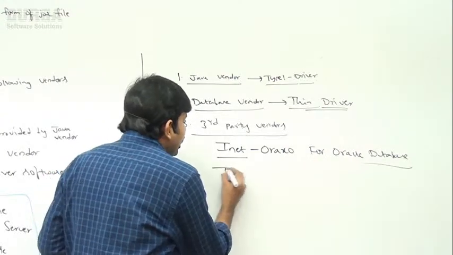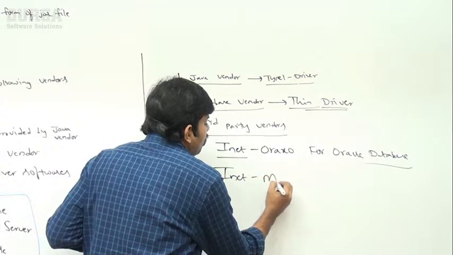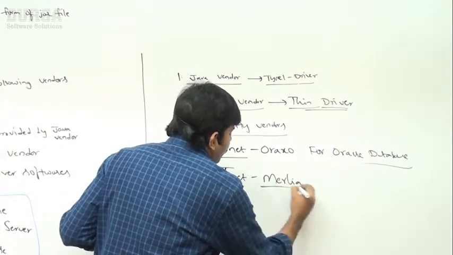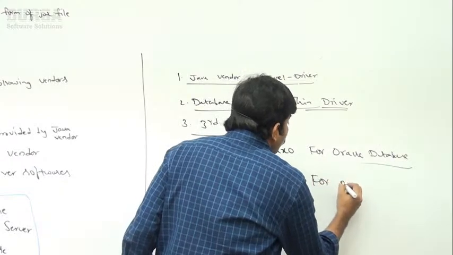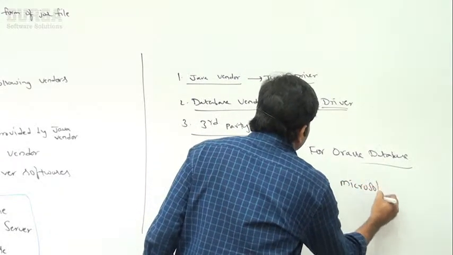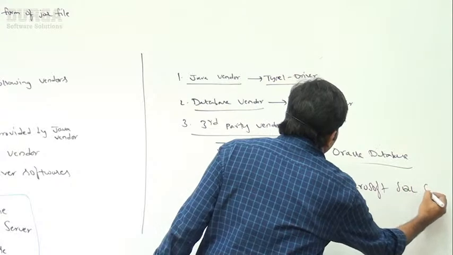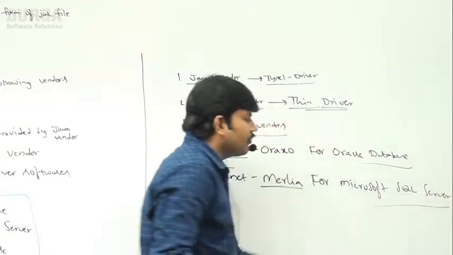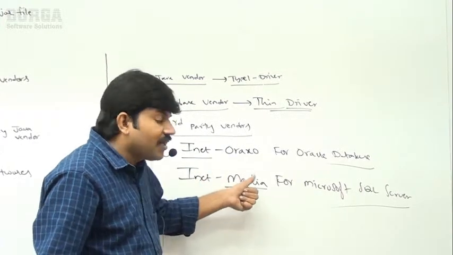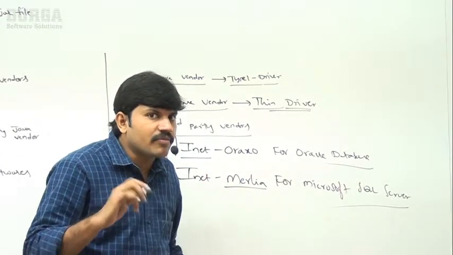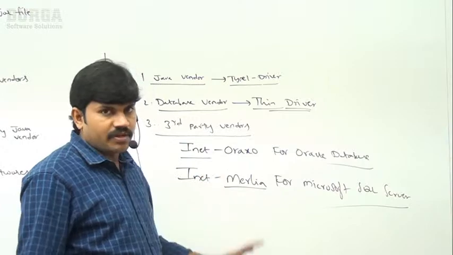Next, iNet Merlia. What is this one, sir? iNet Merlia for Microsoft SQL Server. If you want to communicate with Microsoft SQL Server database, then iNet Merlia. This is the driver software provided by iNet software company, sir.